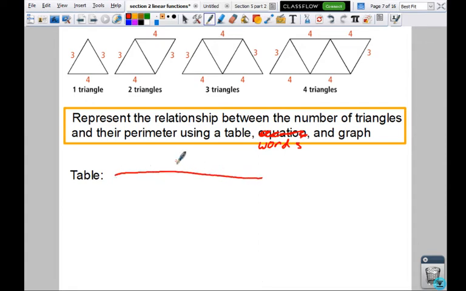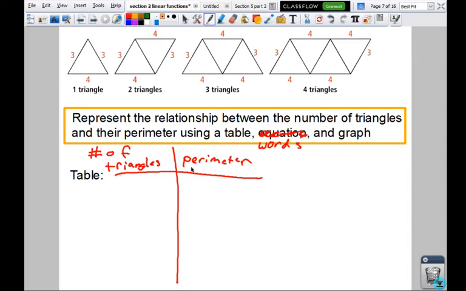So I'm going to make a table here. My left side is going to be the number of triangles. My right side is going to be the perimeter. Remember, perimeter is the distance around. And we're just going to fill this in.